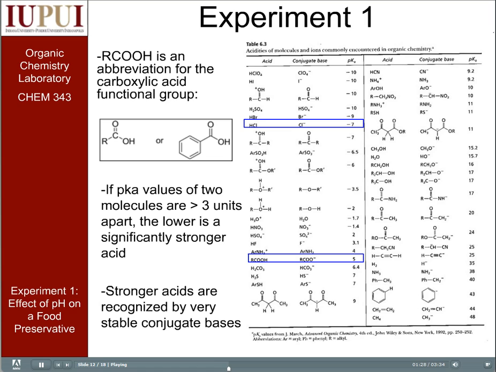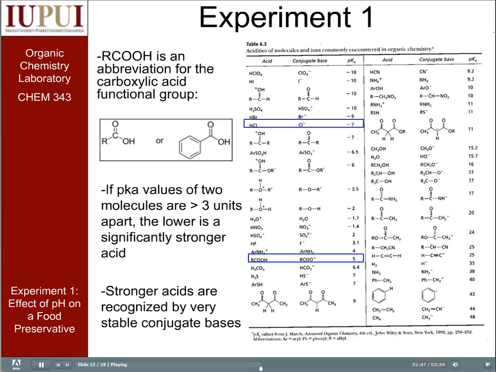HCl, which you guys are much more familiar with, has a pKa of -7. So those two things are 12 pKa units apart, and since the pKa is a log scale, it's even greater than just 12 units.